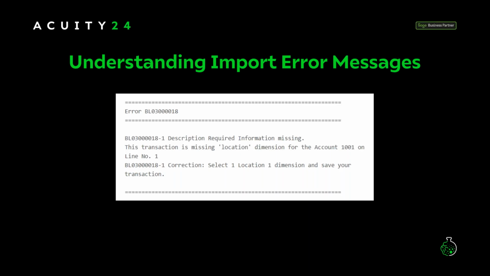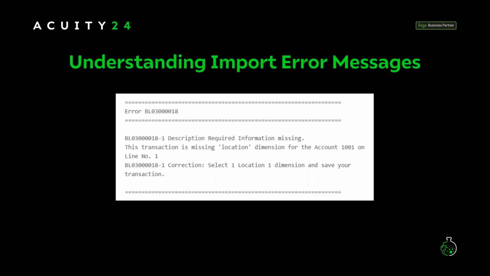Data imported into the system is on a one row at a time basis. So a failure on one row can produce a cascade of errors on other rows. So again, bear that in mind. Fixing one error in the file can sometimes eliminate more than one error message.